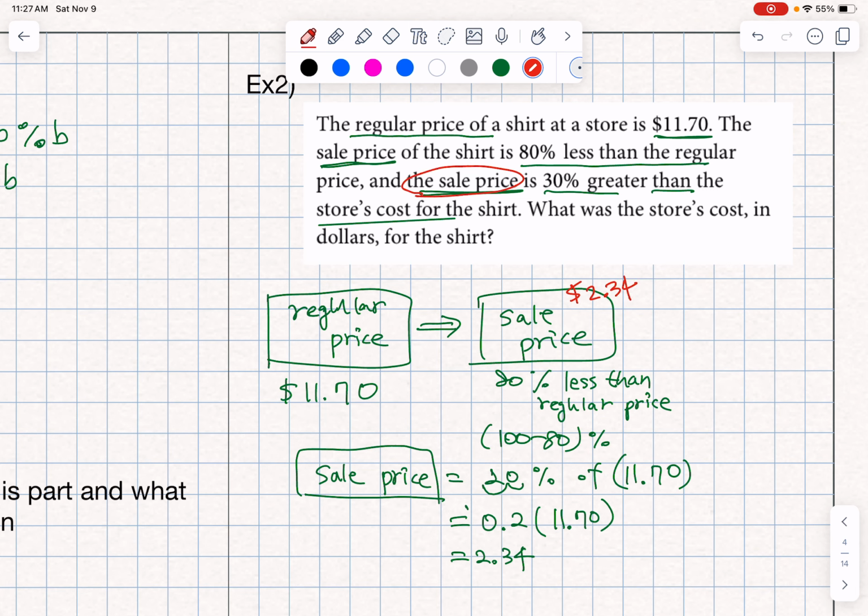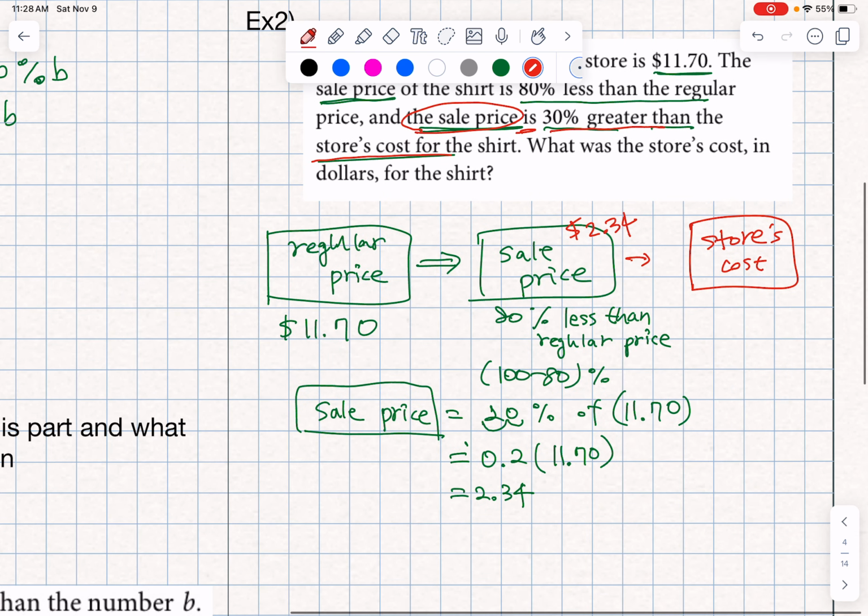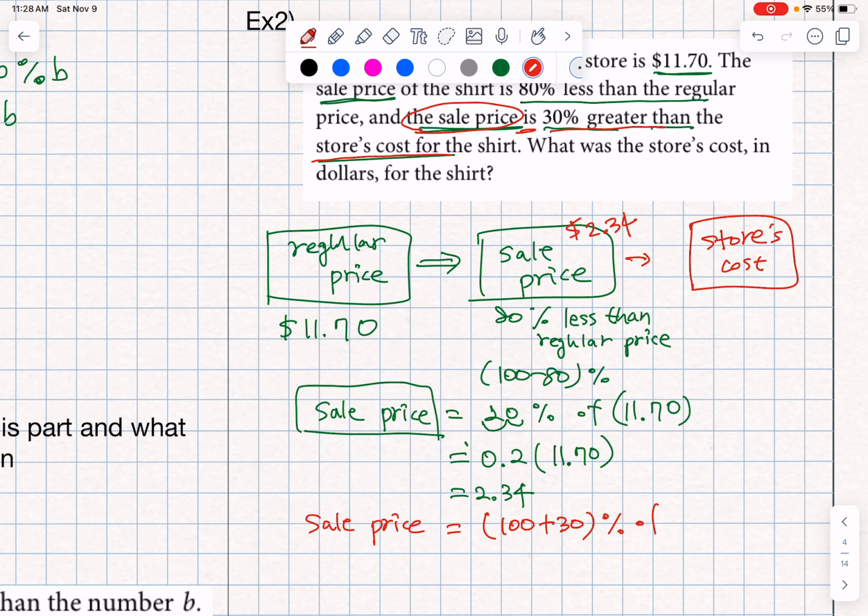Now the sale price is 30% greater than the store cost. There's a store cost here. That's what they want, the store's cost. So now I can say the sale price is again 30% greater. So 100 plus 30% of the store cost.